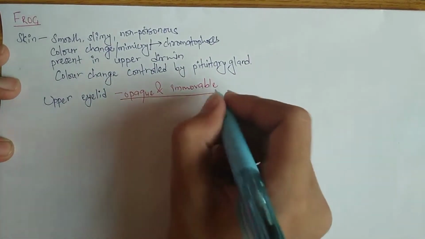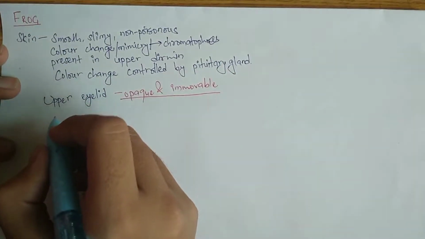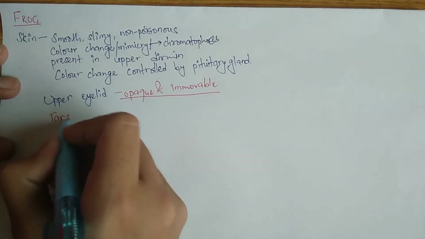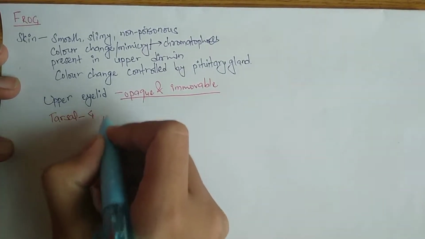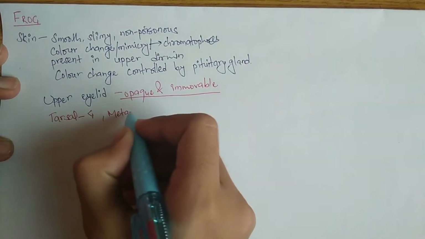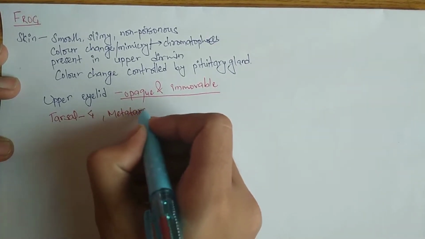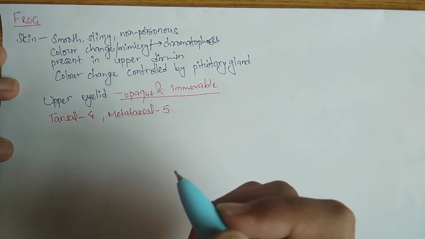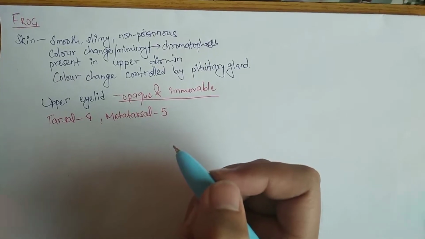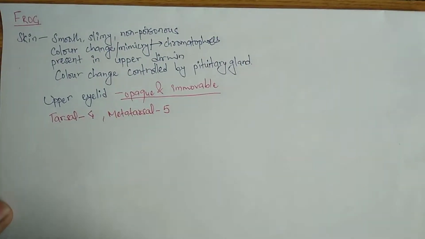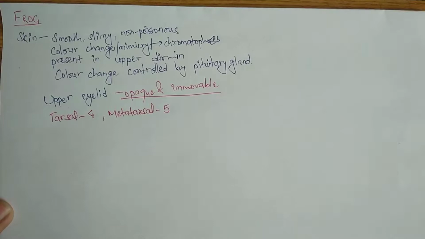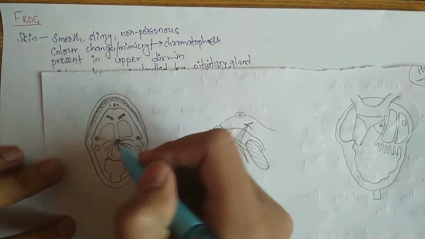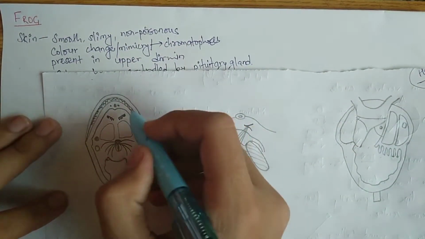And in case of forelimb and hind limb, tarsal and metatarsal are in the hind limb. Let's not go deeper into this because we will be discussing it in system chapters. So this is the inside of the frog.